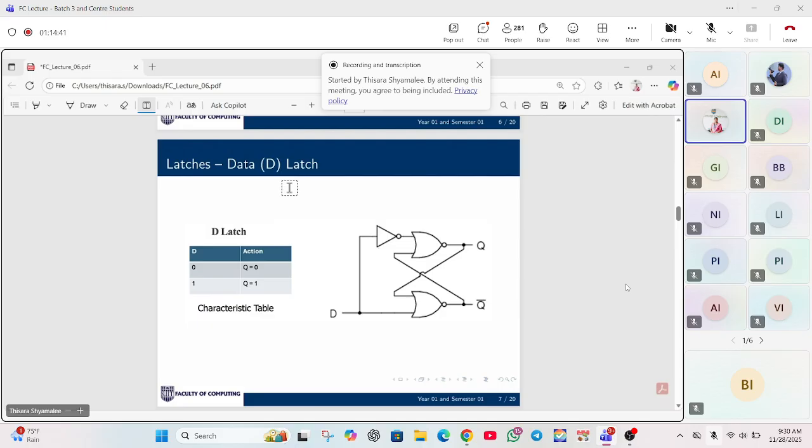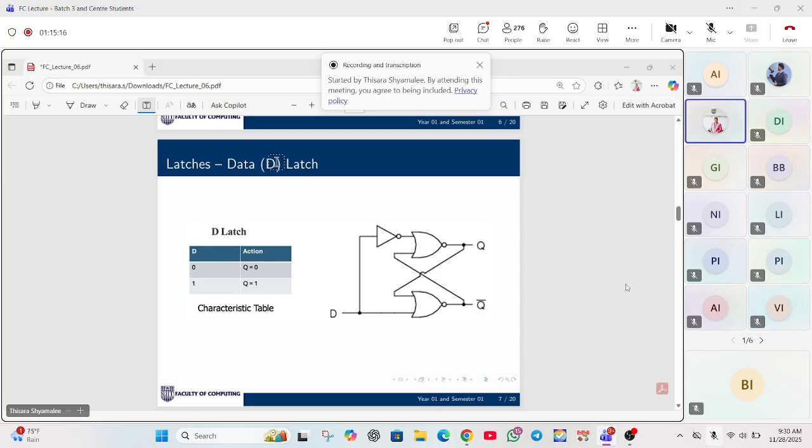This is the same as the SR latch: the D latch is also used in digital electronics to store a single bit of data, as I mentioned earlier. All latches are used to store a single bit of data. The D in this D latch stands for data, or some of them use D as the delay, data or delay.